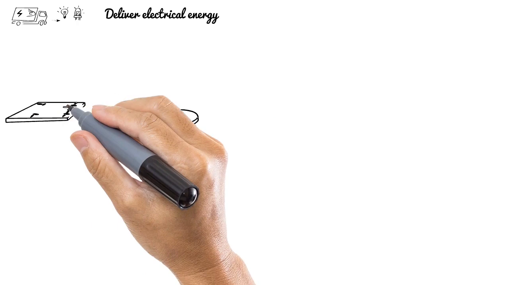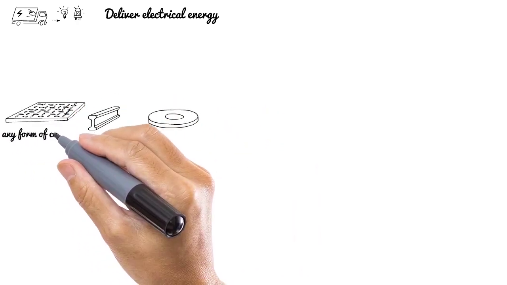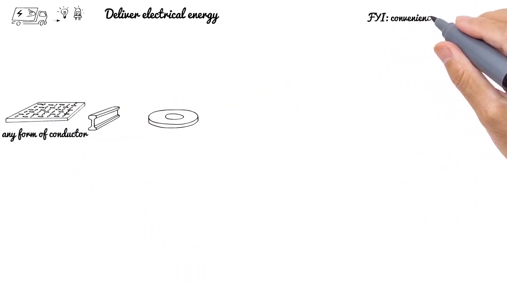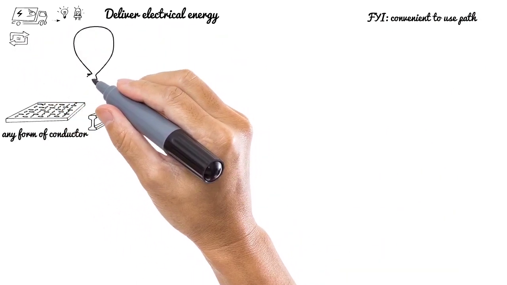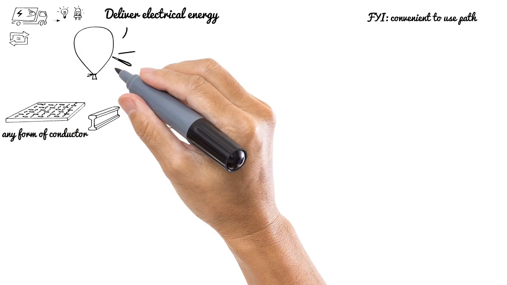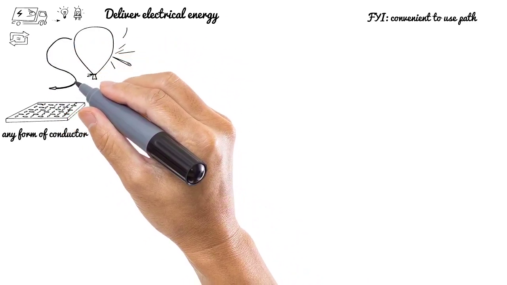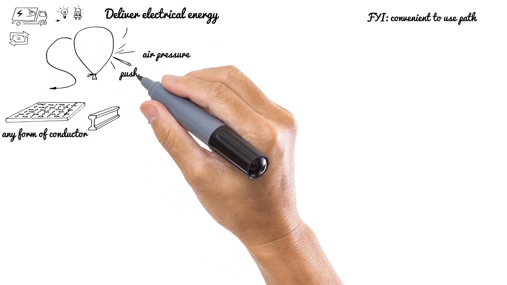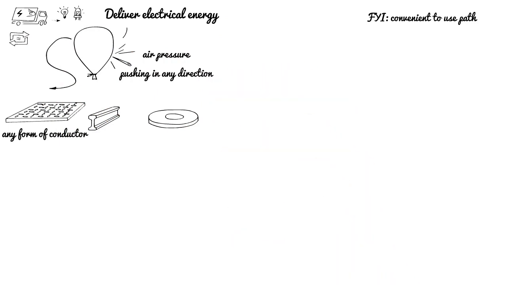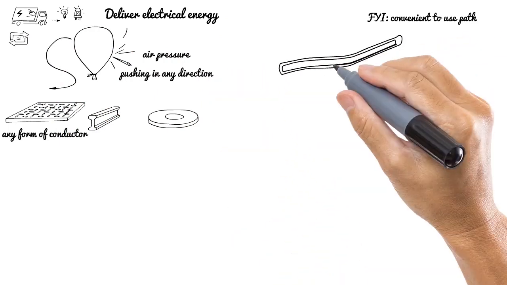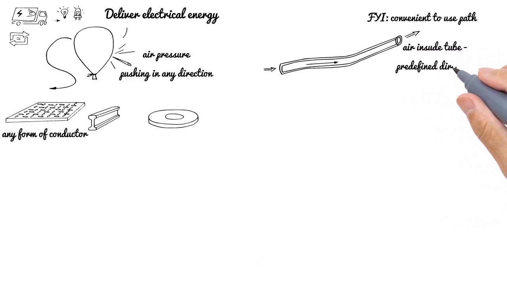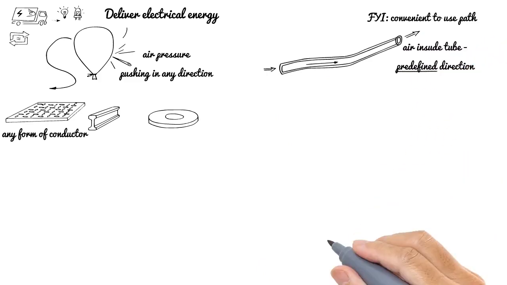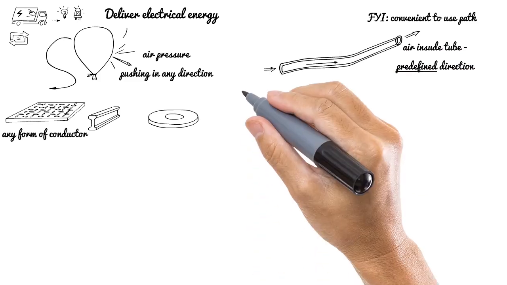Conductors and metals in particular can be of any form, but it's more convenient to use certain paths for electricity to flow. Imagine that you burst an air balloon. High air pressure will be released into the outside air, pushing the balloon in potentially any direction, not controlled by you. But for example, tubes in the Children's Museum are good for an airflow traveling inside them in a predefined direction, keeping in mind that air is not going through the tubes' plastic walls.